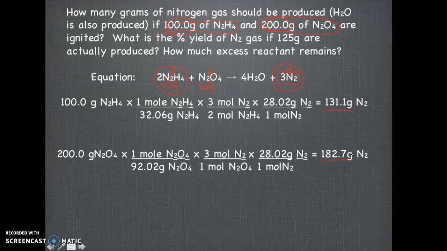So which one is our correct answer? Is it 131 grams of nitrogen that we could make, or is it really 182 grams of nitrogen that we could make? And here's what you guys need to remember. It's always going to be your smaller number. Your 131.1 grams of nitrogen right here, we are going to call this guy our theoretical yield.